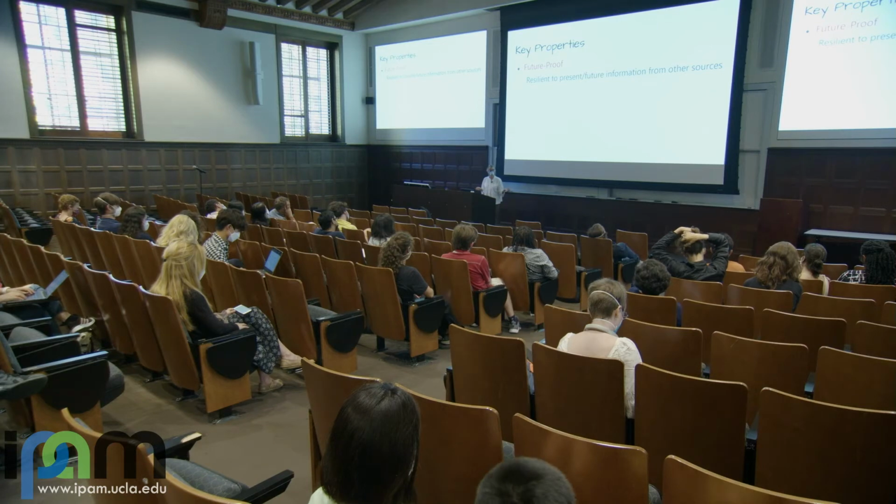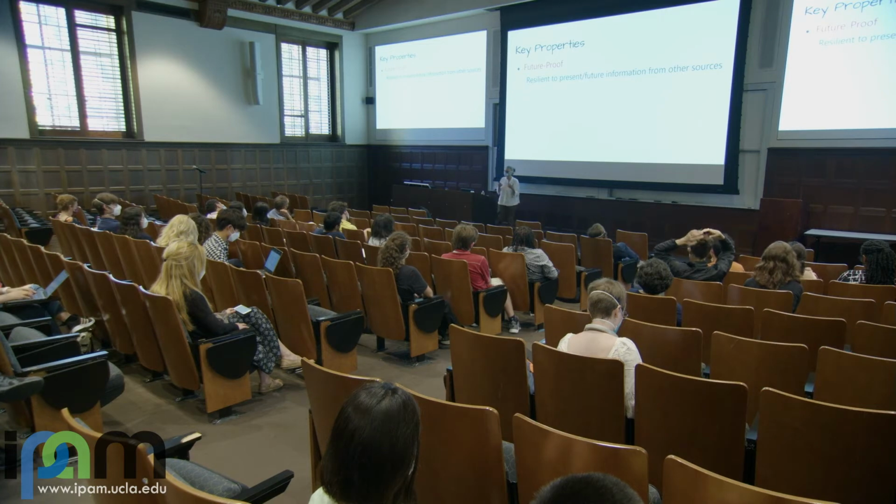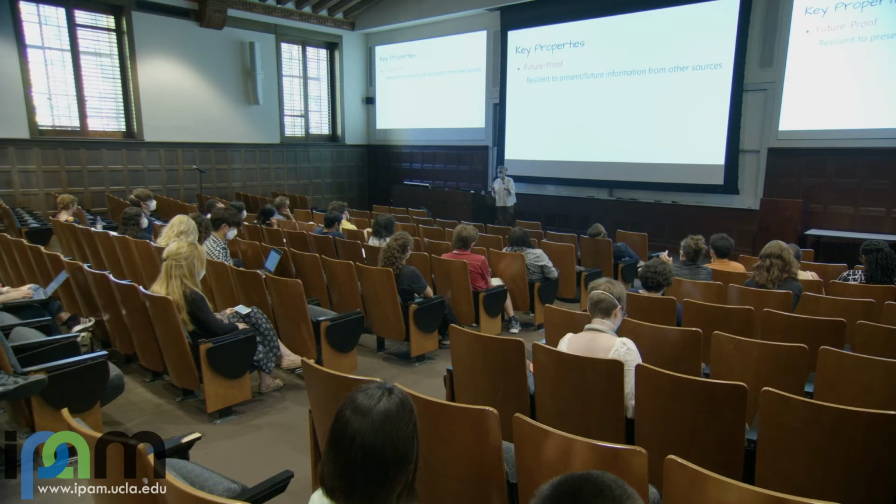One of them we've already talked about. This is the question about being future-proof. Remember we said that the differential privacy guarantee was completely independent of what the adversary happened to know or not know, now or in the future. It doesn't matter when the adversary learns more things. Okay, so it's future-proof.